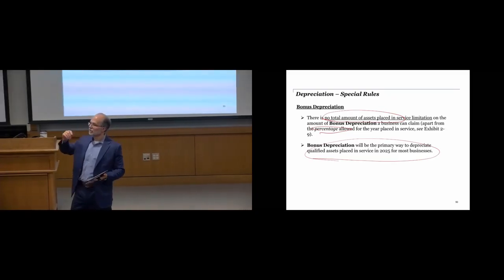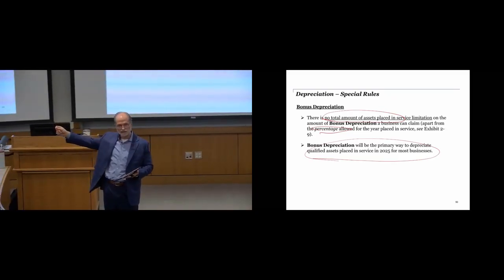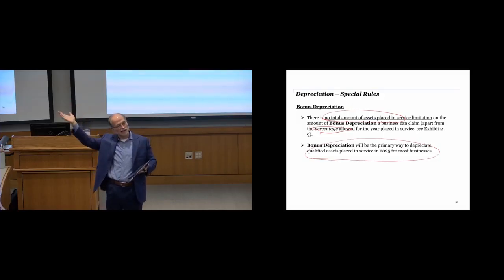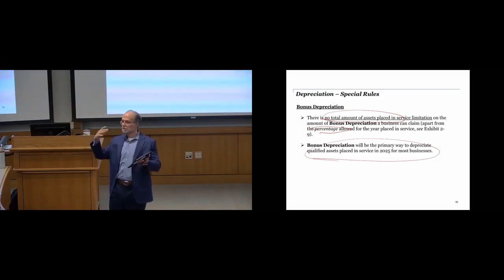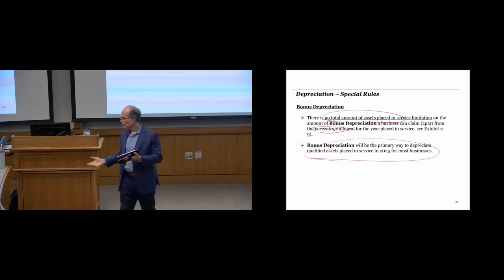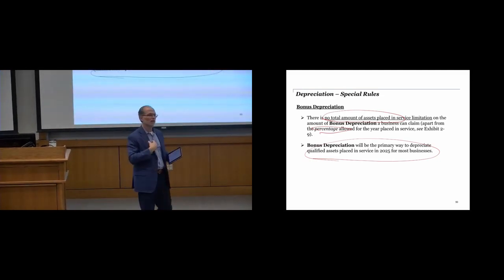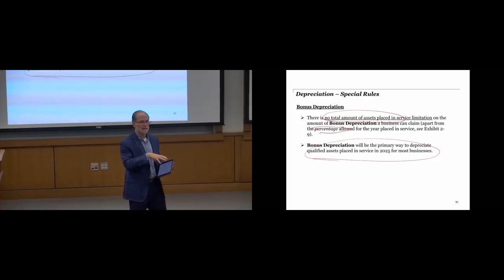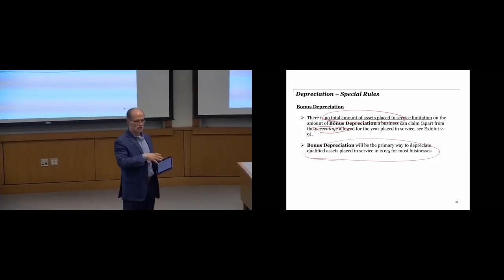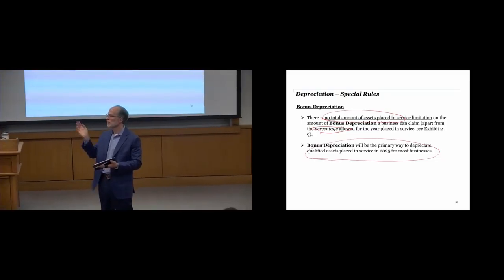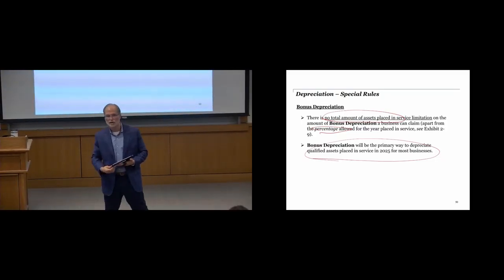A deduction postponed is not a good idea, but a deduction postponed to a higher tax rate year is a good idea. So depending on how confident I am that the law is going to change, maybe I push a deduction into a higher tax year. That would cause me to not make the election. But if I'm profitable and I want to drive tax revenue or the lowest tax liability possible, I'm going to elect these regimes. Very popular with business.